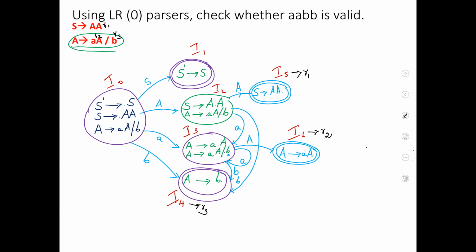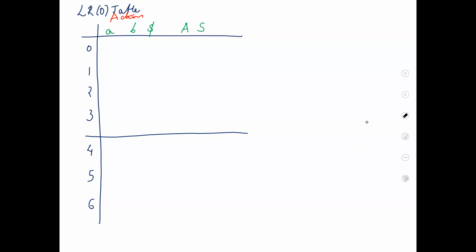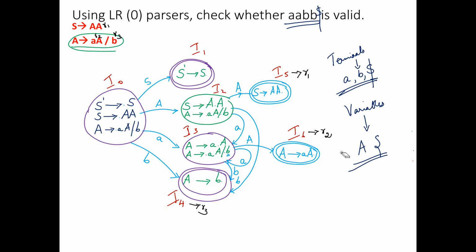Okay, now I'll go once again. As I told you earlier, we did identify what are our terminals: A, B and dollar.